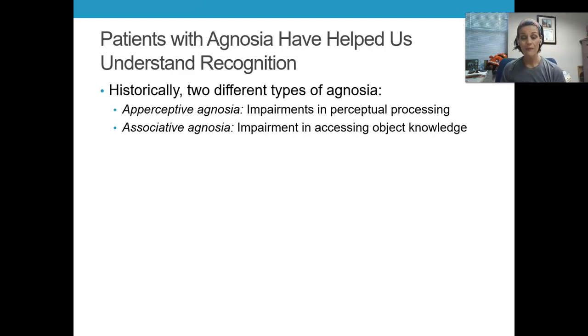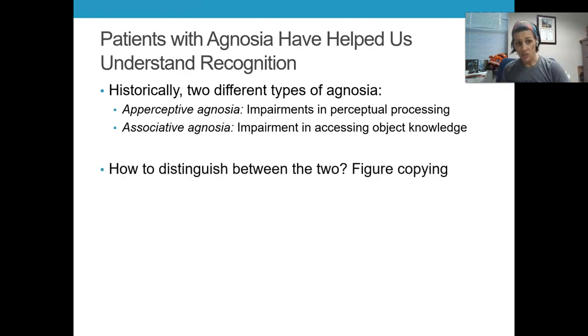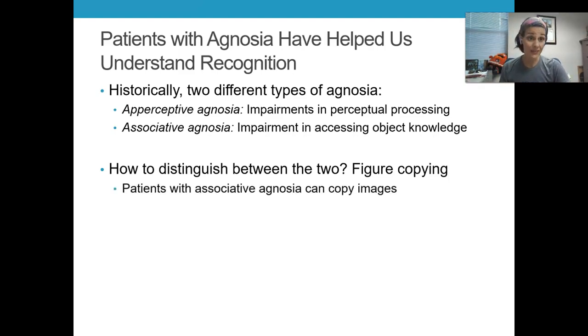These are people who have impairments in accessing object knowledge. So historically, people have distinguished between the two by having them copy figures. Patients with associative agnosia generally can copy images because it's object knowledge that is the problem, not perception. People with apperceptive agnosia generally cannot.